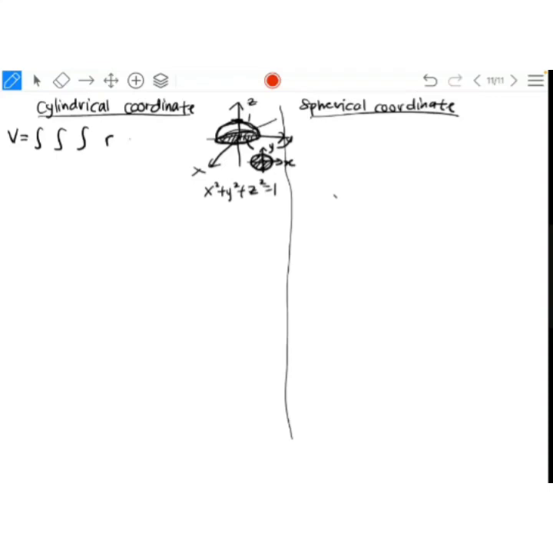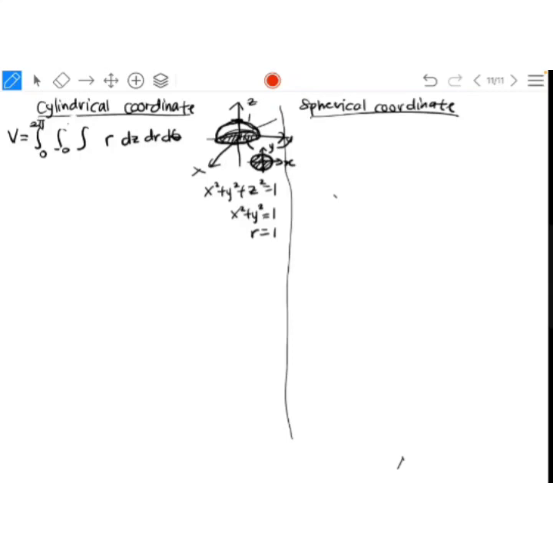So r dz dr d theta. Theta is from 0 until 2 pi because it is a full circle. Okay, the r is what? The r is from x squared plus y squared equals 1, so r equals 1, from 0 until 1.